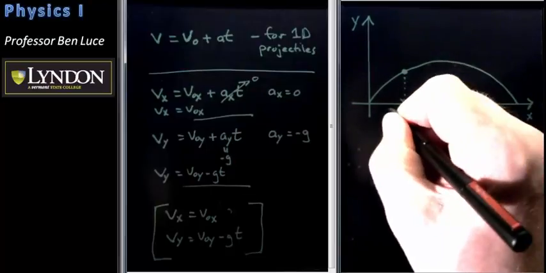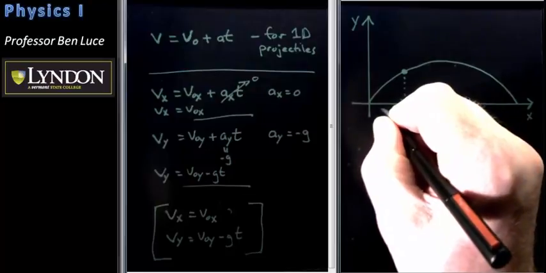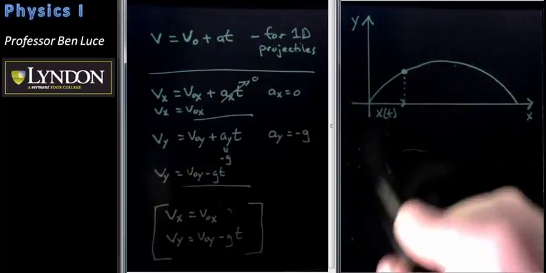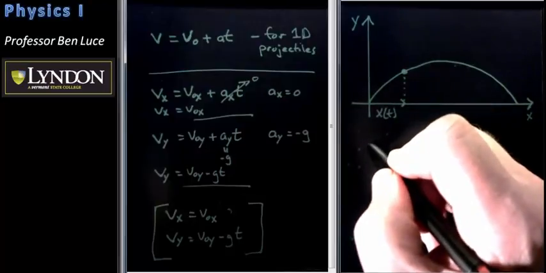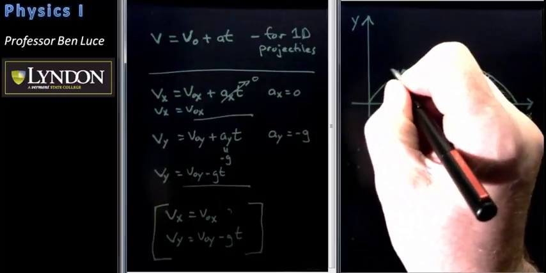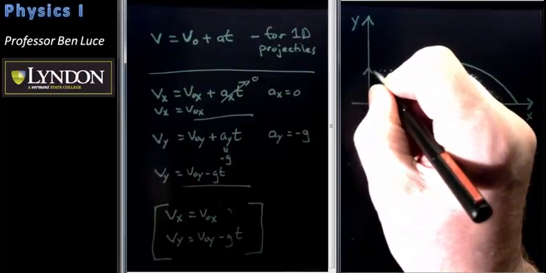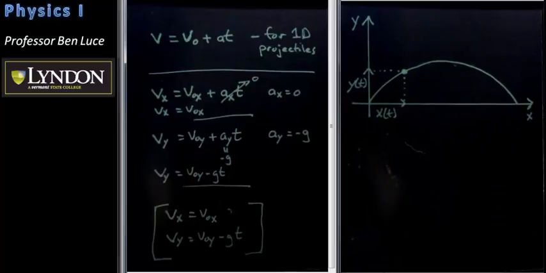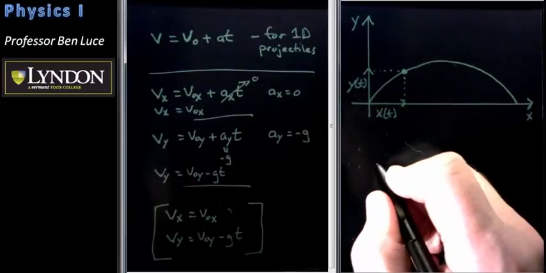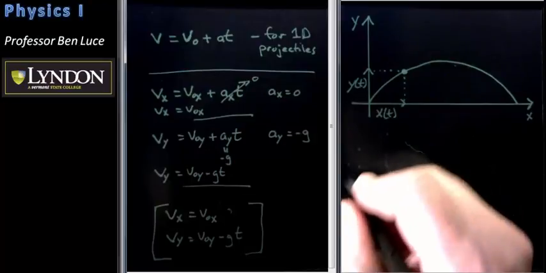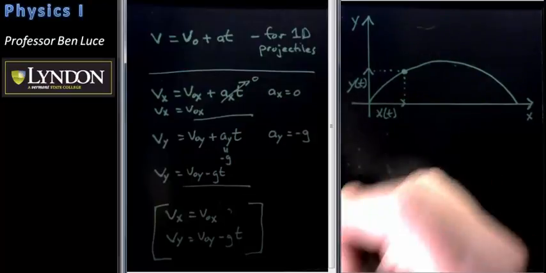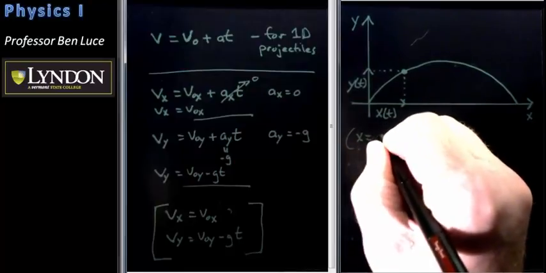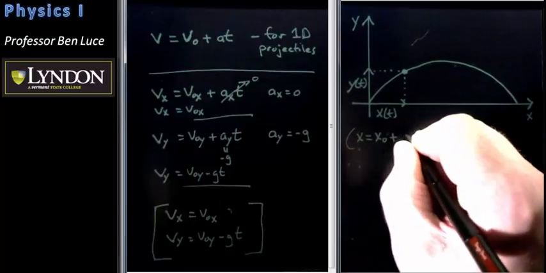Then we can locate its x-coordinate by projecting down to the x-axis, and we'll label this as x of t, that is, x at time t. Likewise, we can project over to the y-axis and label the y-coordinate as y at time t. Now we must find expressions for these. Recall that in one dimension, our x equation had the following form.